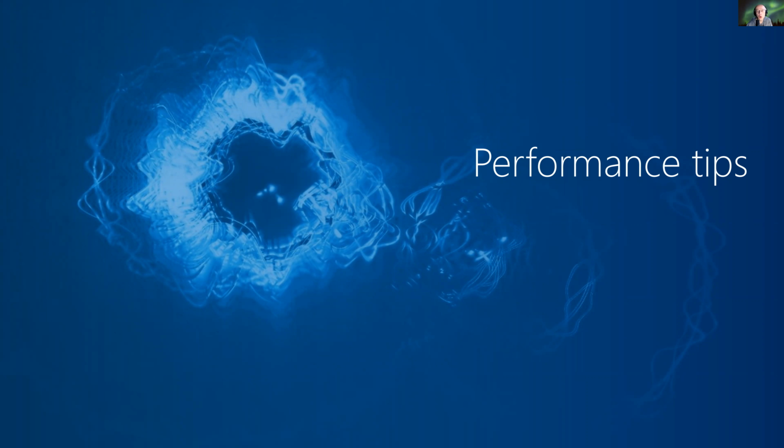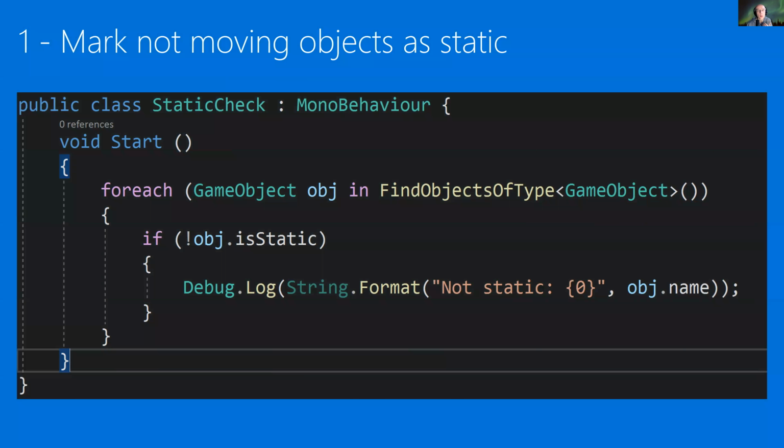So for optimizing performance, I found some techniques that can be useful. This is not an exhaustive list, but it is something that I found useful while developing my virtual reality experience. The first one is, if there is an object that is not moving, mark it as static, as this helps the batching and the rendering of the objects on the two screens.